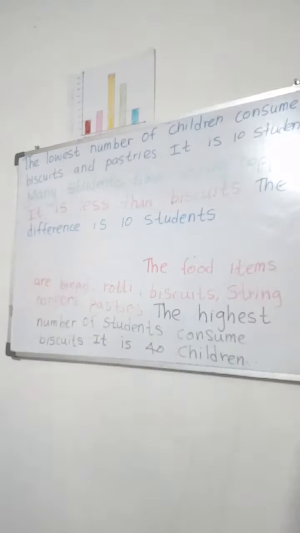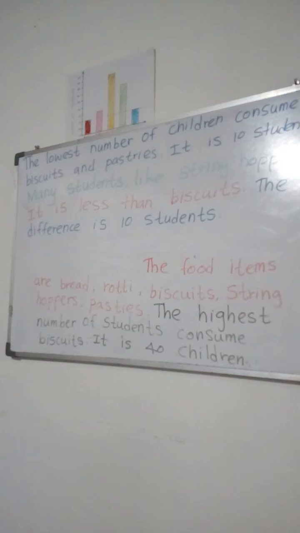Okay. Look at the paragraph again. The lowest number of children consume bread and pastries. It is 10 students. We should mention the number in the sentence. Many students like string hoppers. It is less than biscuits.